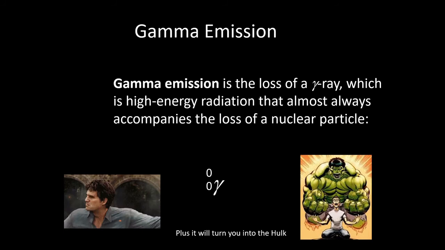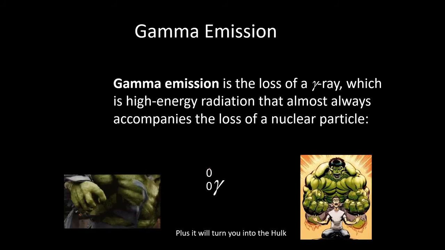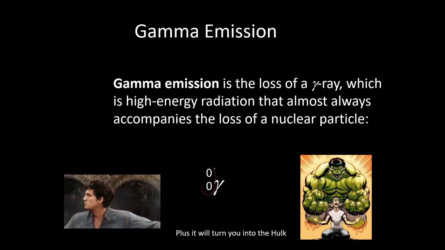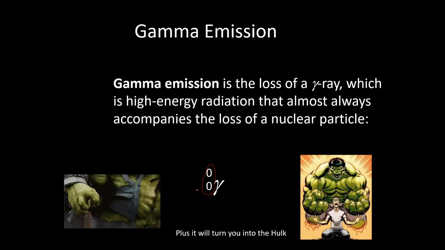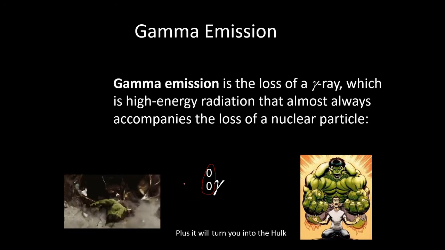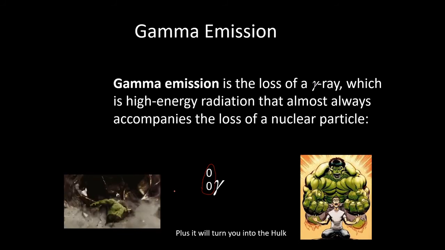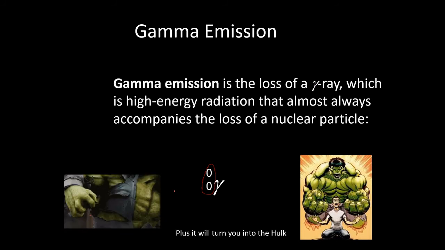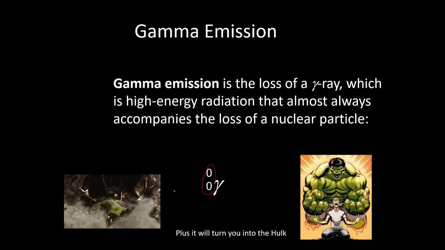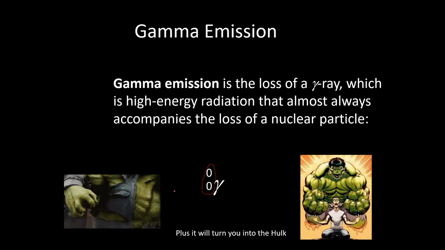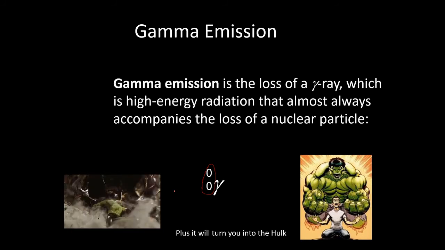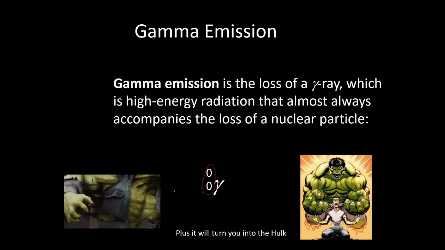So it actually is 0 in terms of both its mass number and its atomic number. It has no electromagnetic charge; it is not positive or negative. It's just a photon, and it has no mass in terms of the mass number because it's not a proton or a neutron. But regardless of that, it is very dangerous.